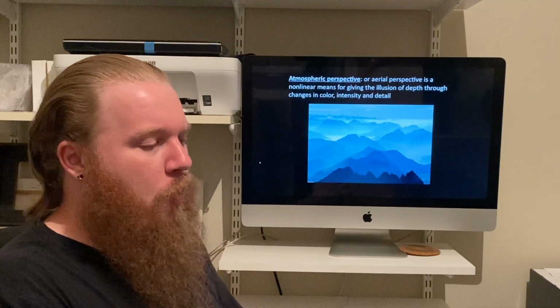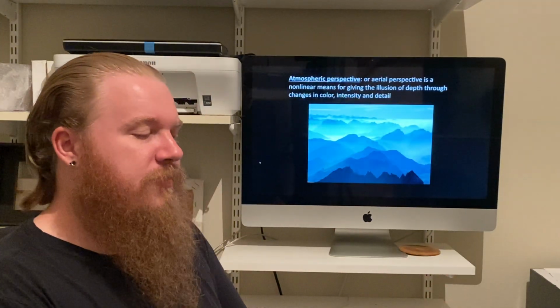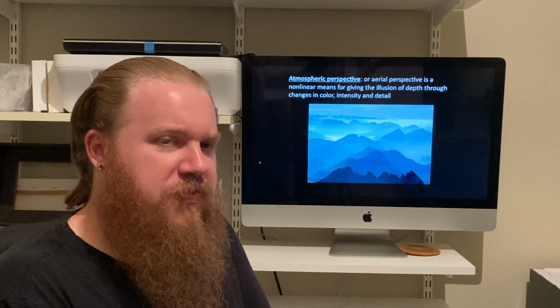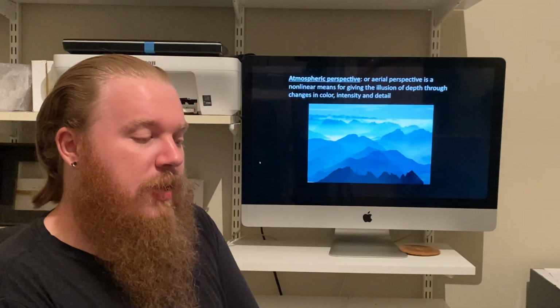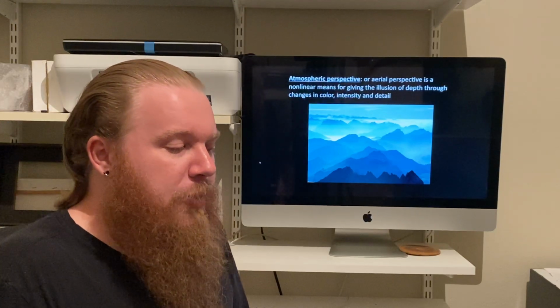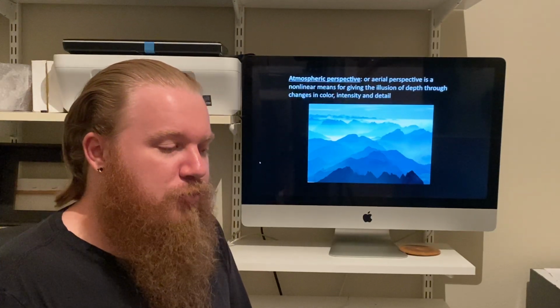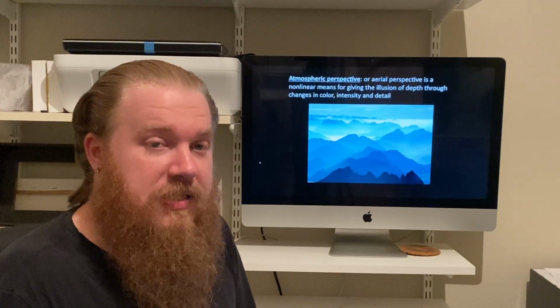However, aside from one- and two-point perspective, we also have what's known as atmospheric perspective, or aerial perspective as it's sometimes known. And this is a nonlinear means of giving the illusion of depth through changes in color, intensity, and detail.